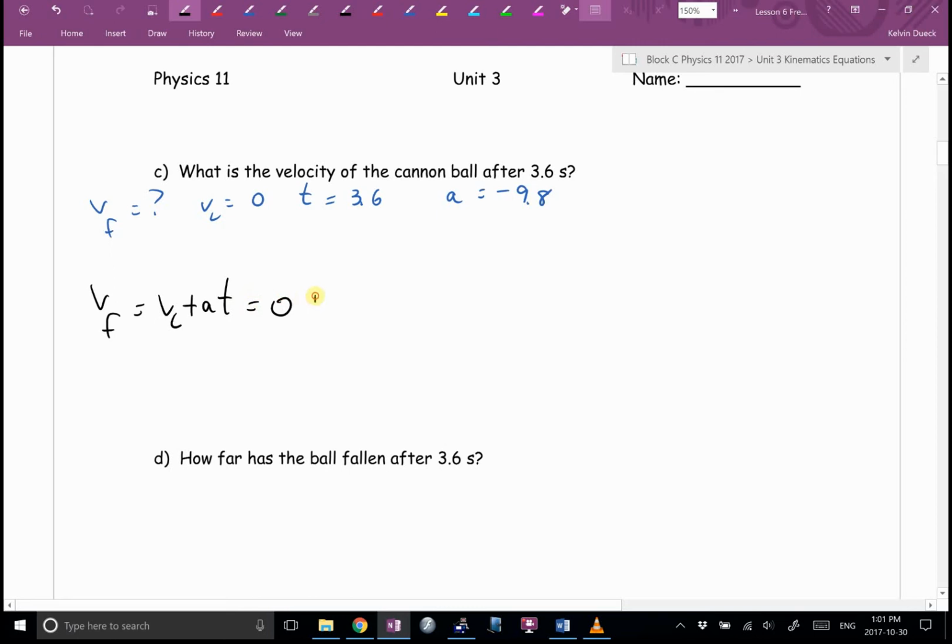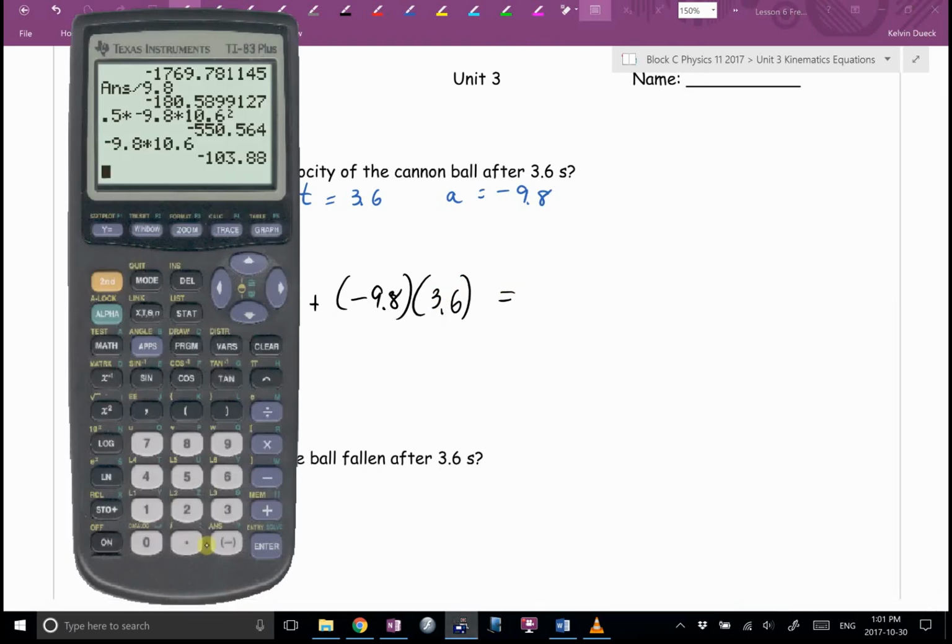It's going to be 0 plus negative 9.8 times 3.6. Negative 35.3. Does the negative make sense? Yeah.